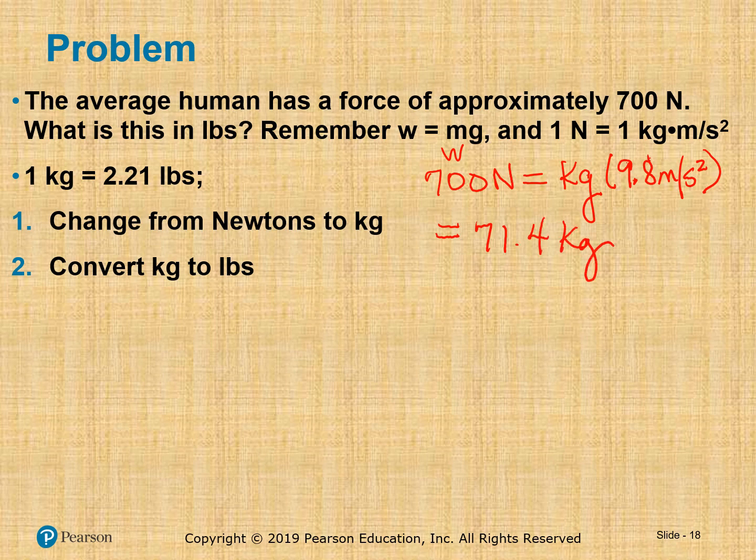So now that you have your answer in kilograms, the question asks, what is this in pounds? So now you're going to convert kilograms to pounds, and here is that conversion factor.